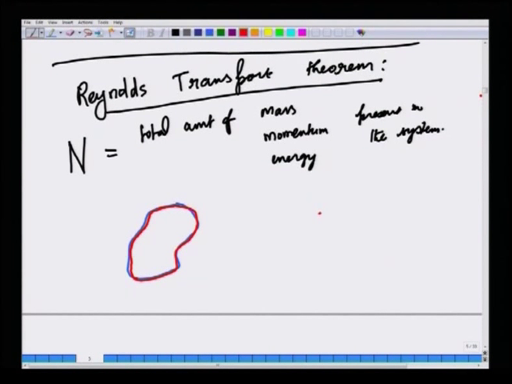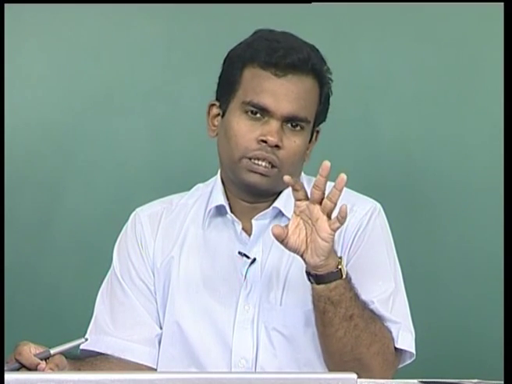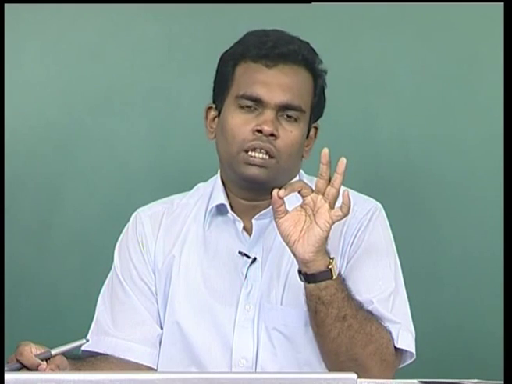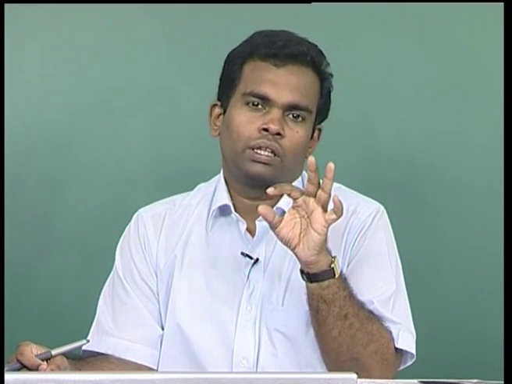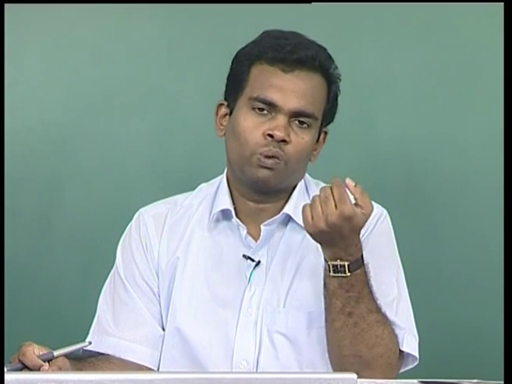But at a later time, while the CV remains the same, the system would have moved. The blue thing is the system whereas the red thing is the CV. Suppose at a given instant of time we identify all the fluid particles that are present in the CV as our system. These points will not stay put in the CV, because if the fluid is in general moving, these points will move away.